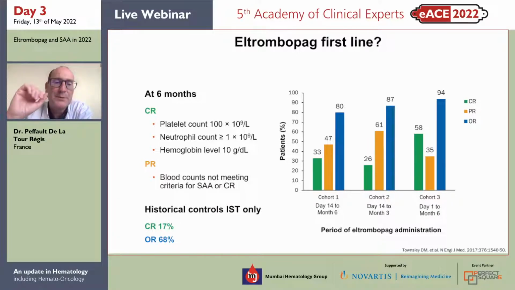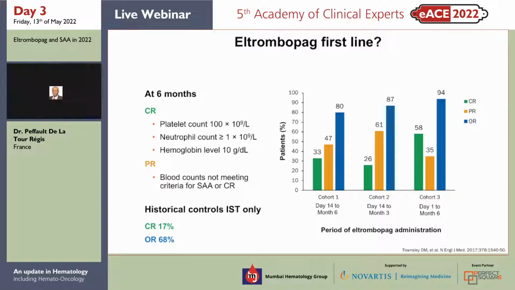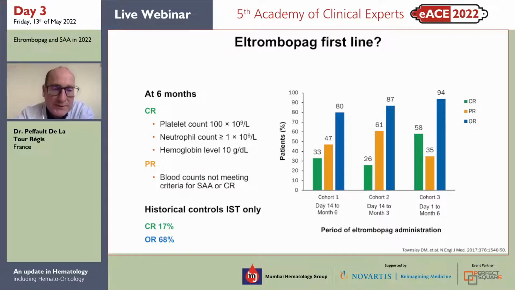For partial response, there are some discrepancies, since we in Europe consider patients in partial response if they are not transfused anymore, while in the US, partial response is considered if blood counts are not meeting criteria for severe aplastic anemia or if patients are in complete remission.